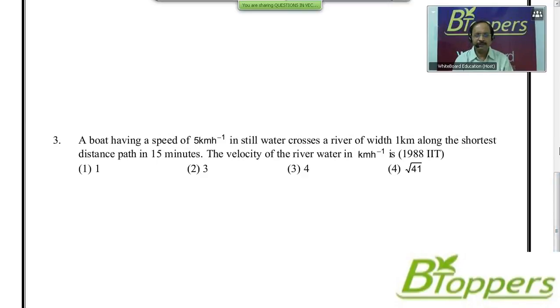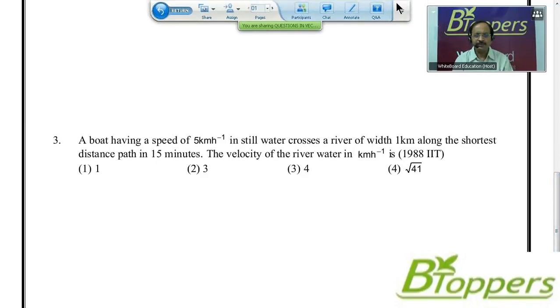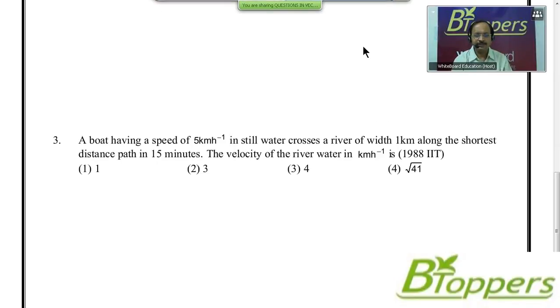A boat having a speed of 5 km per hour in still water crosses a river of width 1 kilometer along the shortest distance path in 15 minutes.